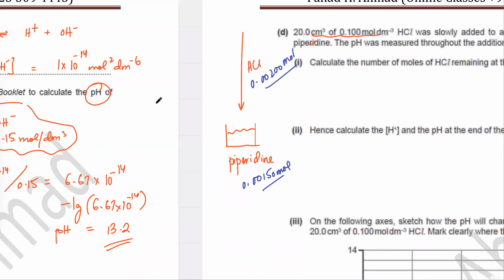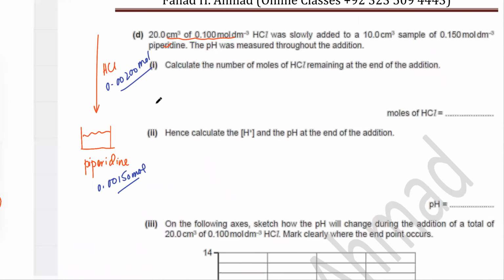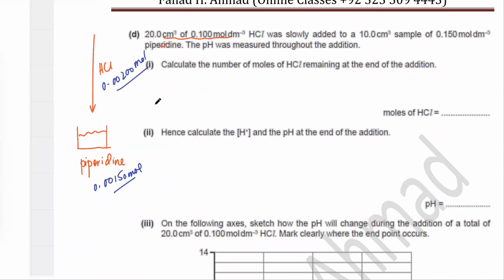So which one do you think is in excess, and by how much? 0.00150 of piperidine is going to react with 0.00150 of HCl. Can you tell me how many moles of HCl are going to be left at the end of the reaction? 0.0015 will react with 0.0015, so 0.0005 is remaining.